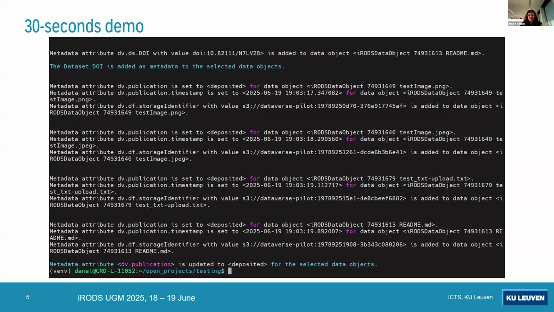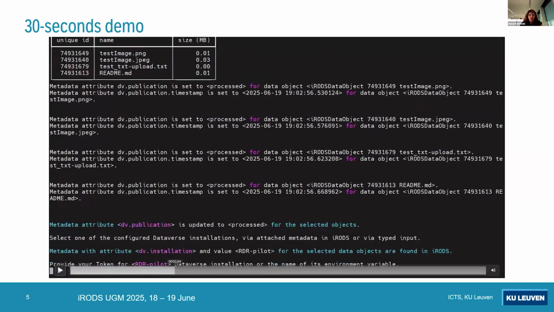Hi, I'm Claudio from SURF, and my question is about the authentication. You said the user needs to be authenticated in iRODS to run this script, but is it also requiring an authentication for Dataverse, or is it not necessary?